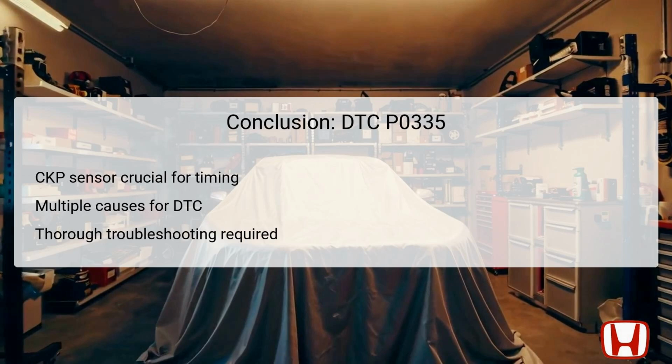A variety of causes can trigger this DTC, ranging from sensor failure to wiring issues. Troubleshooting requires a systematic approach to isolate and address specific problems. Regular maintenance can help mitigate issues surrounding the CKP sensor and improve overall vehicular reliability. By understanding the intricacies of this DTC, mechanics can efficiently diagnose and repair affected Honda Accord models.